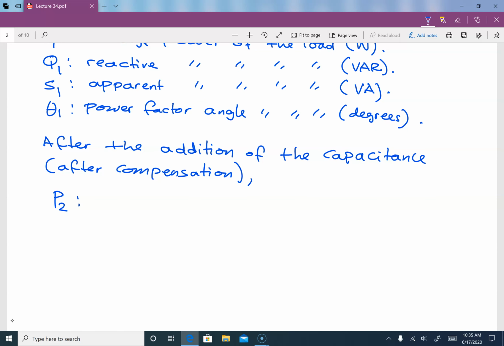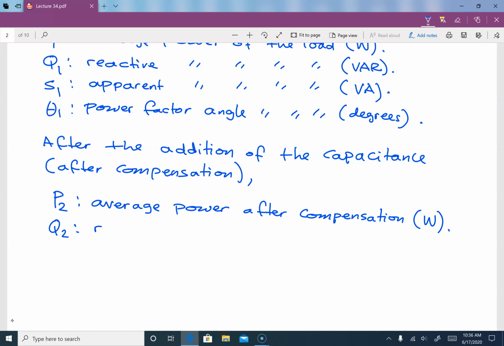P2, average power after compensation, and that is in watts. Q2, reactive power after compensation in volt ampere reactive.